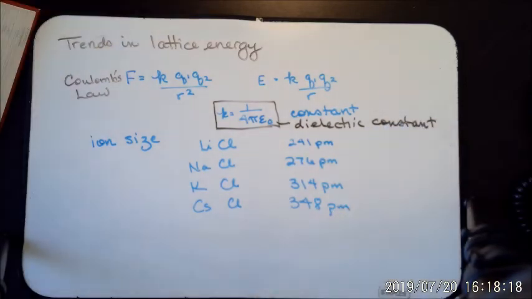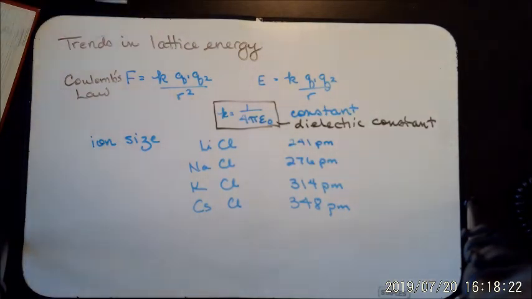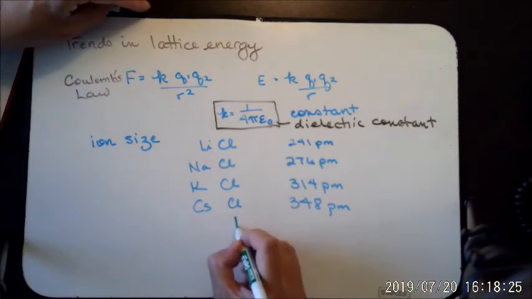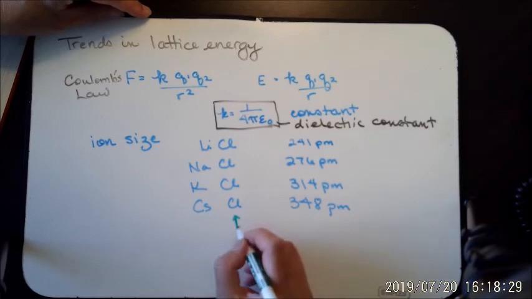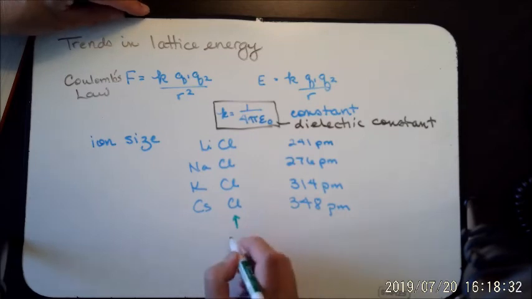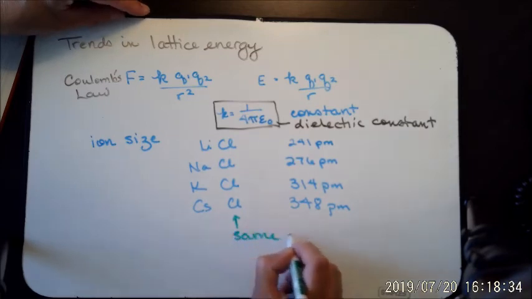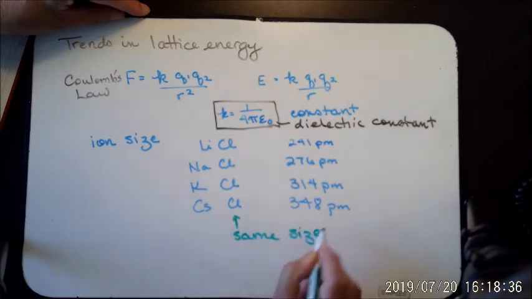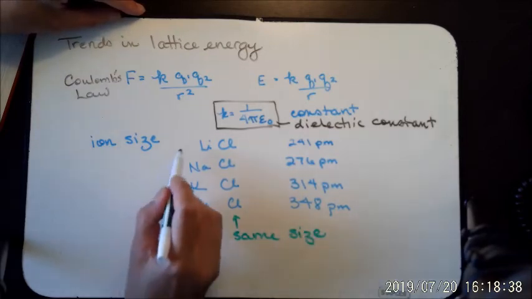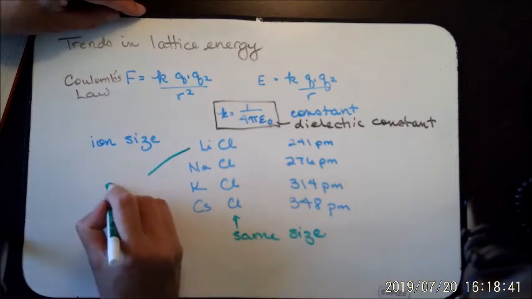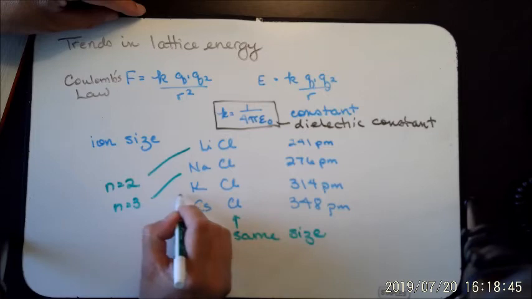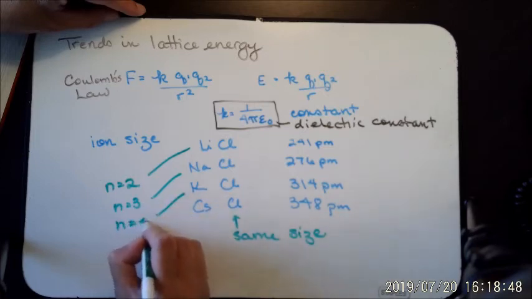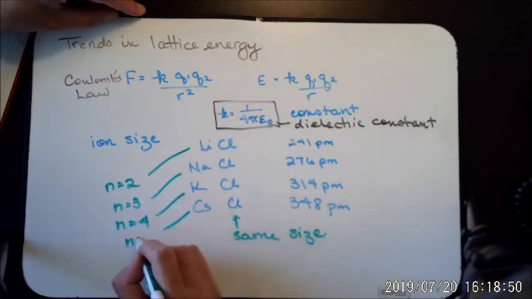Now the more important part is looking at your trends. The first one we're going to talk about is ion size. My chloride ion, since it's all chloride when we're doing our comparisons, these are all the same size. But as I continue to go down, notice this is n equals 2, n equals 3, n equals 4, n equals 5.